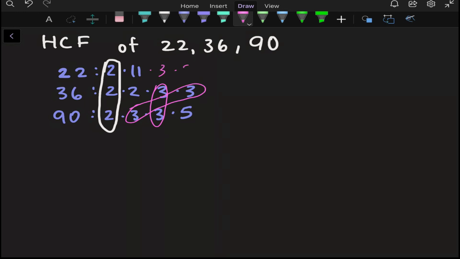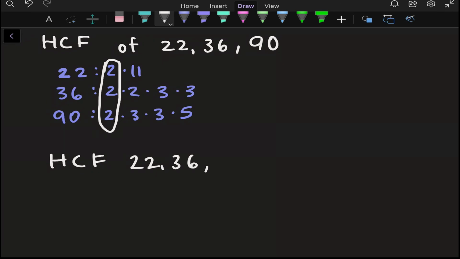If we had a 3 up here, we could add in those 2, but we don't. So we leave those guys out. There's no other 11 anywhere else, no other 5 anywhere else, so we also leave those ones out, which means that the highest common factor of 22, 36, and 90 is 2.